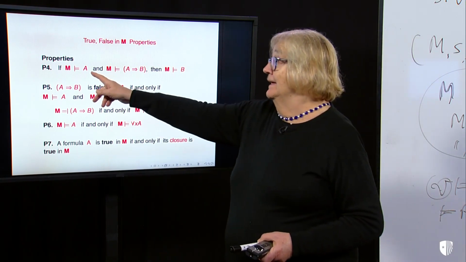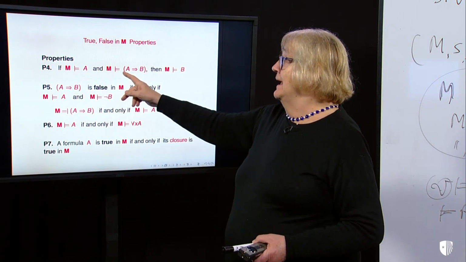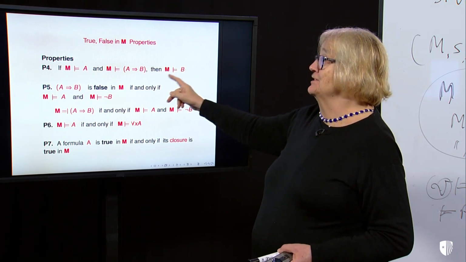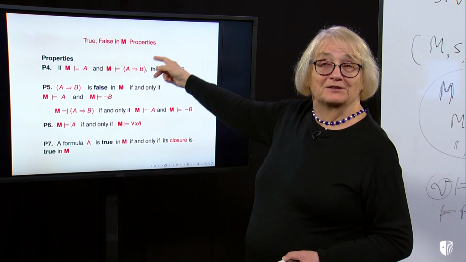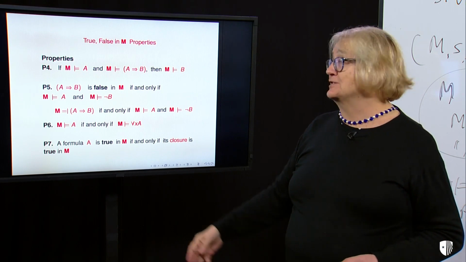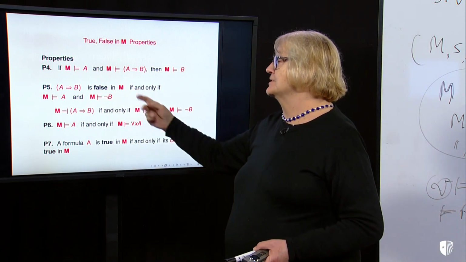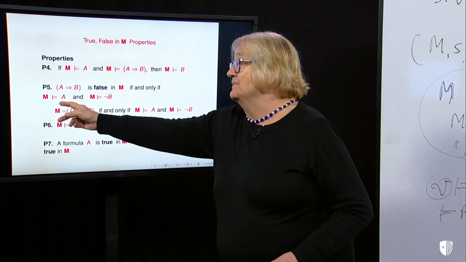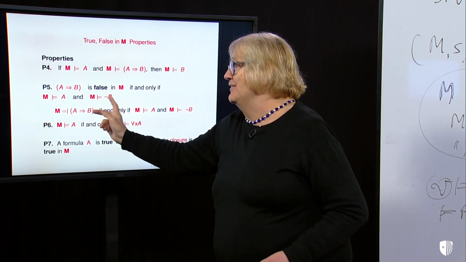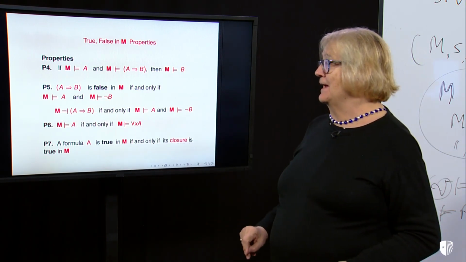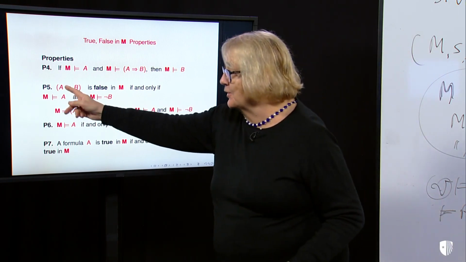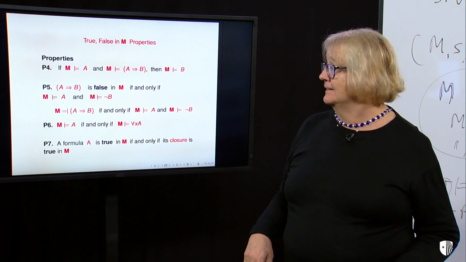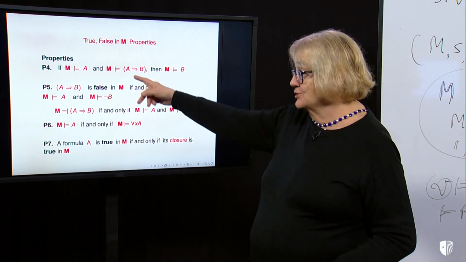If A is true in M, and A implies B is true in M, then B is true in M. That is modus ponens, you have correctness of modus ponens. And you say that A implies B is false in M if and only if A and not B is satisfied. M is a model for A, so A is true, and M is a model for not B, so B is false.